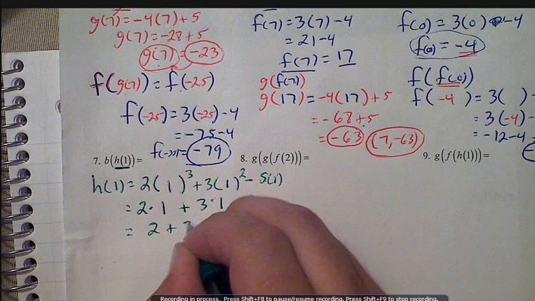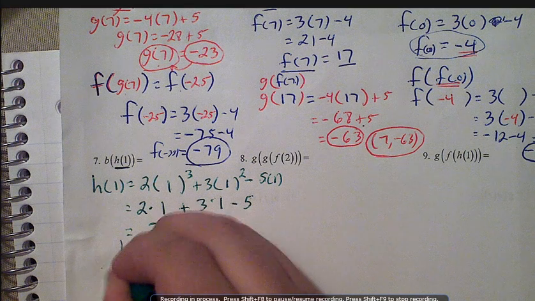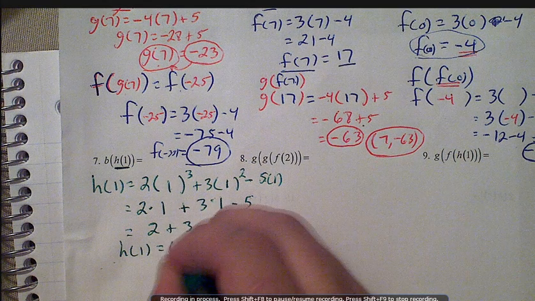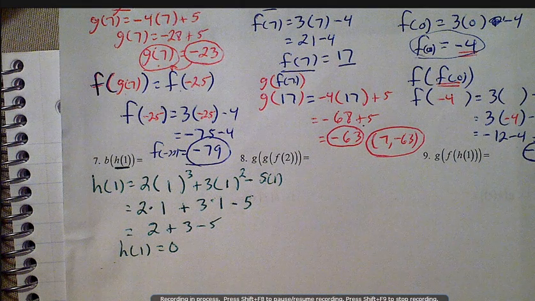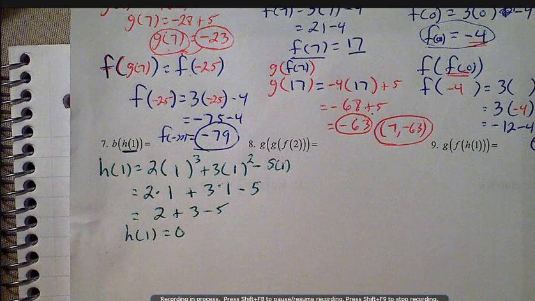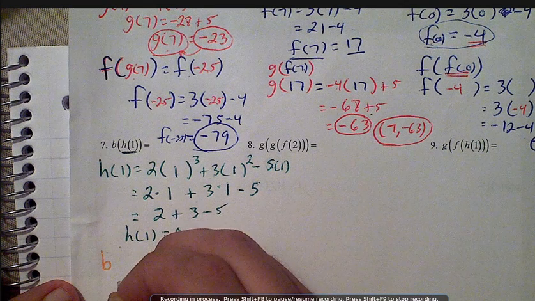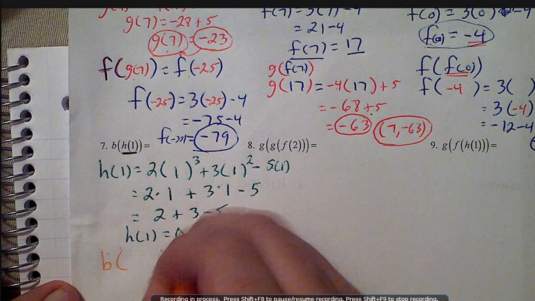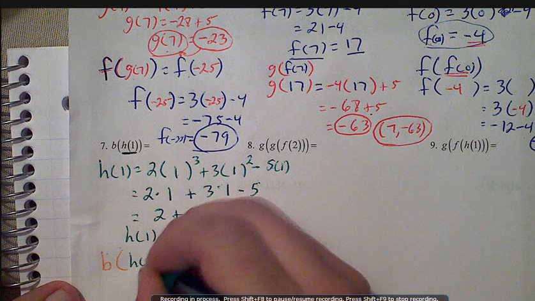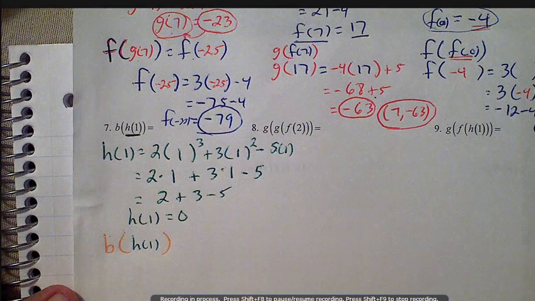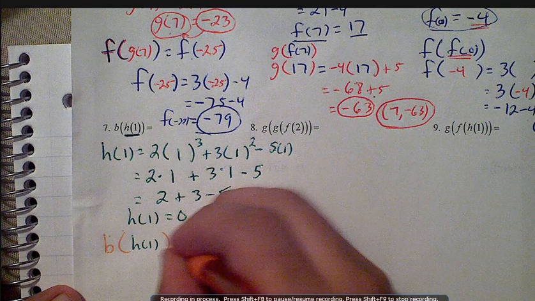So that's what h of 1 equals. Now we're going to take the original problem, which is b of h of 1, and this turns into b of 0. The reason being, h of 1 equals 0, so replace h of 1 with 0.